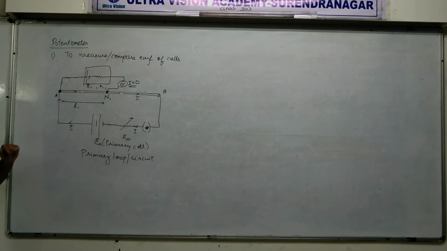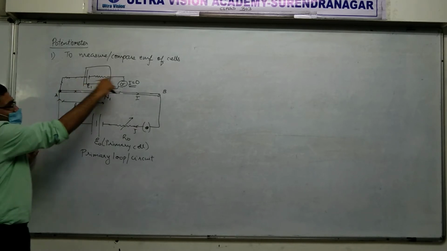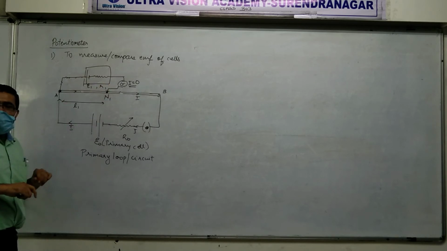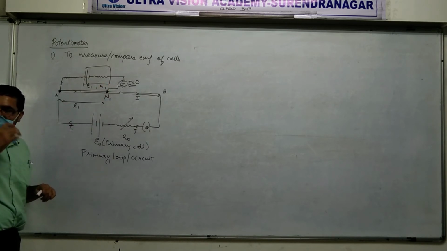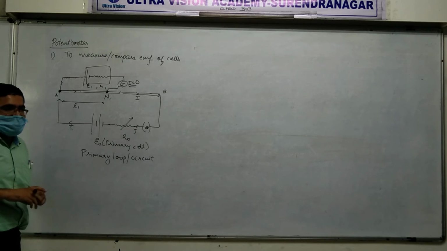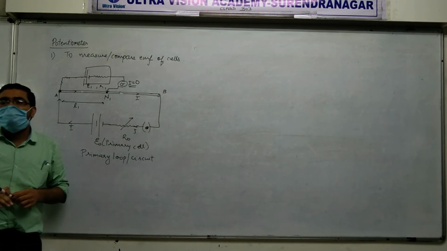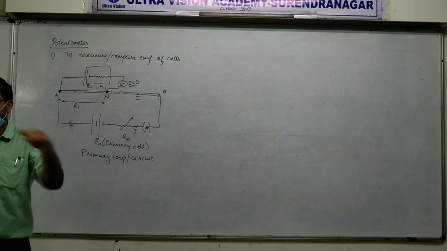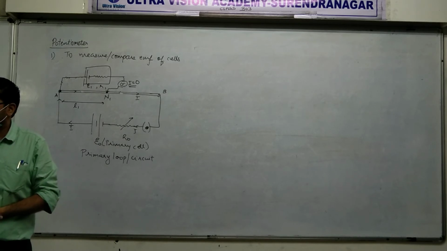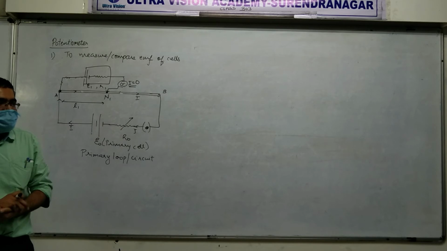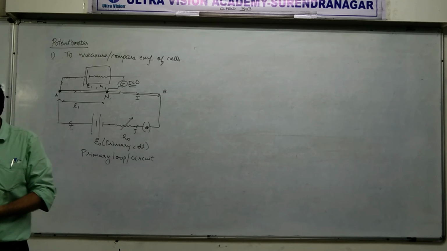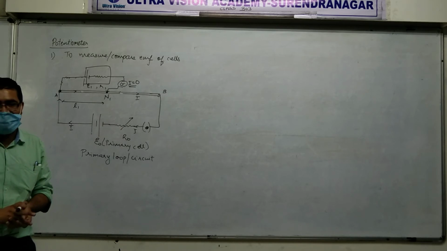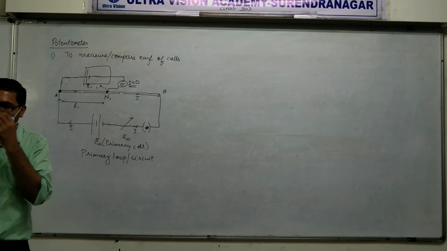Okay, now what to do with this? If current is not flowing in this cell, then that is called which condition? If through a cell current doesn't flow, it is okay. Steady state. Steady means constant current. If current is 0 in a cell, what is it called? Ideal cell. Ideal cell for current 0, so what is to be done?